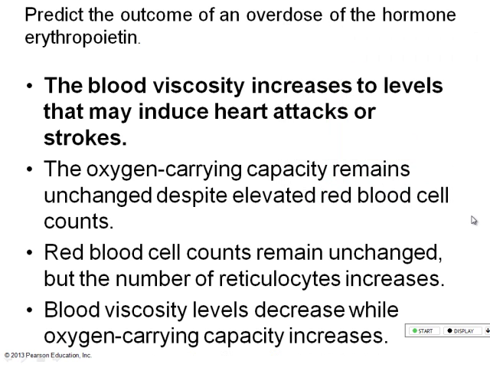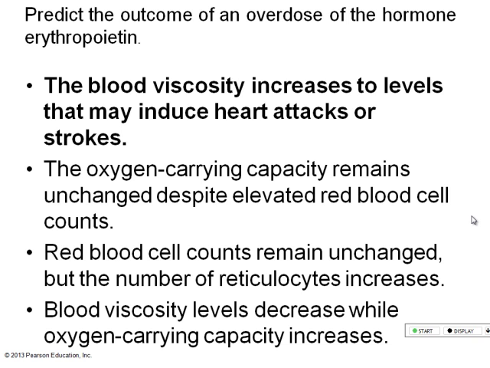All right, erythropoietin causes the hematopoietic stem cell to change into what? Erythrocytes. A lot of them. Now, what's going to happen when I have too many red blood cells? Oxygen carrying capacity remains unchanged? No, because now I have too many red blood cells.